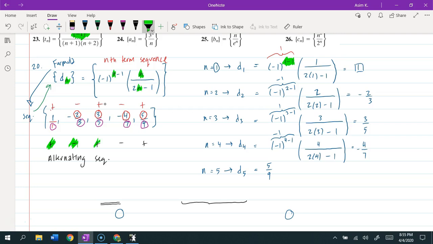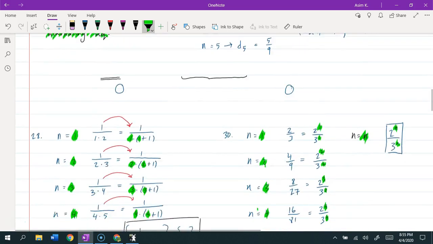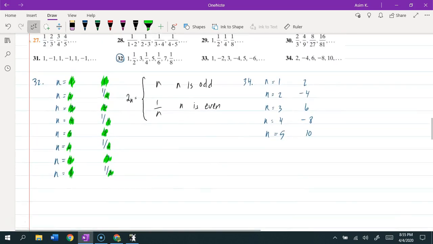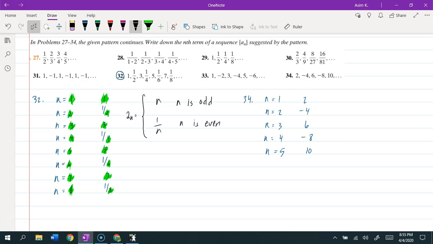It goes positive, negative, so on and so forth. So this sequence that we're looking at is an alternating sequence. Initially you'll wonder how you even figure that part out. After some time, you get that pattern, because I noticed that the second number is negative, the fourth number is negative, whereas the first, the third, and the fifth terms are all positive. So you keep going positive, negative, positive, negative.